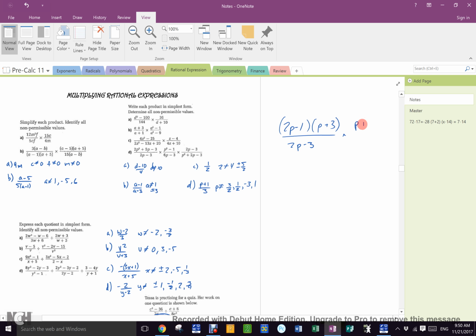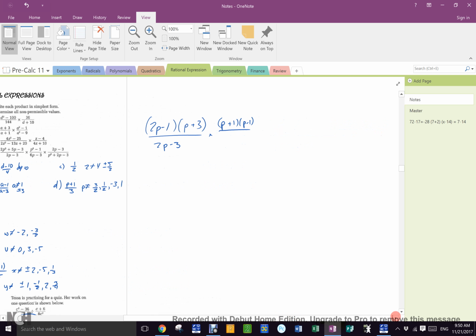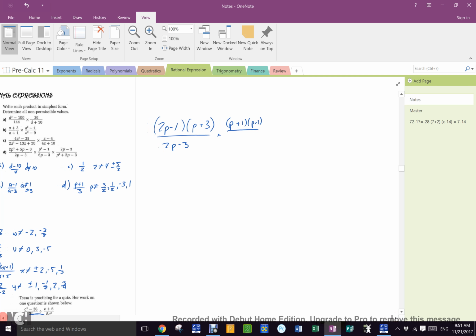Times p plus 1, p minus 1 over, take out a 3, 2p minus 1 times 2p minus 3 over p minus p plus 3 p minus 1.